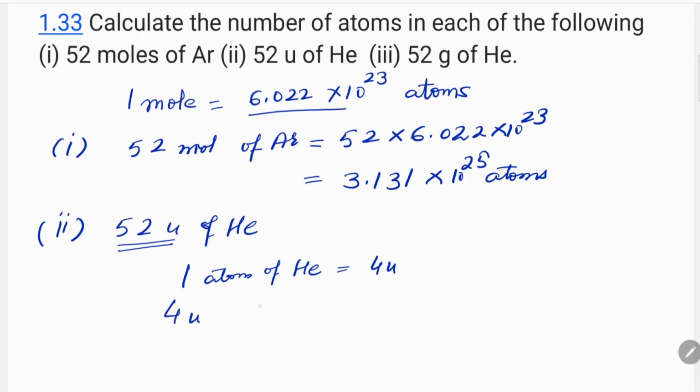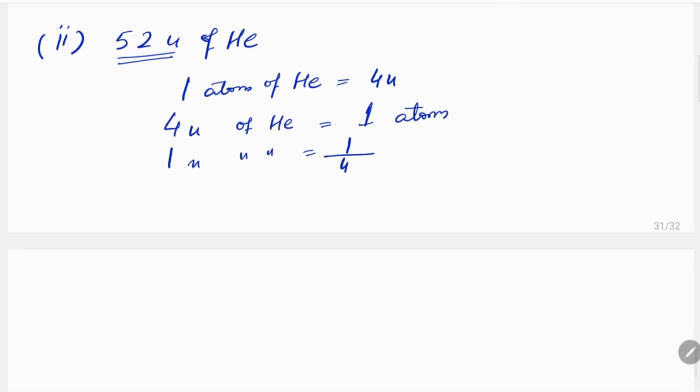That means 4 units of helium has 1 atom, right? 1 unit of helium will have 1 divided by 4 atom, and 52 units of helium will have 1 divided by 4 into 52. That comes out to be 13 atoms.